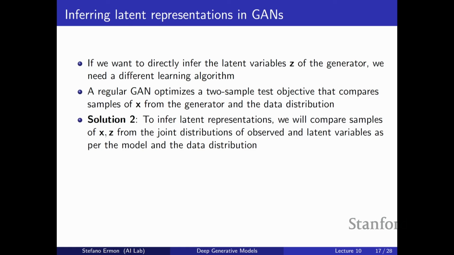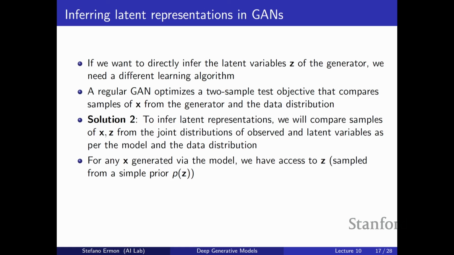The way to do it is to change the way you set up these two-sample tests, or these likelihood-free learning objectives, to not only compare the X samples that you get from the model to the real data samples, but to also look at the representations, the Z's that produced the samples that you see.